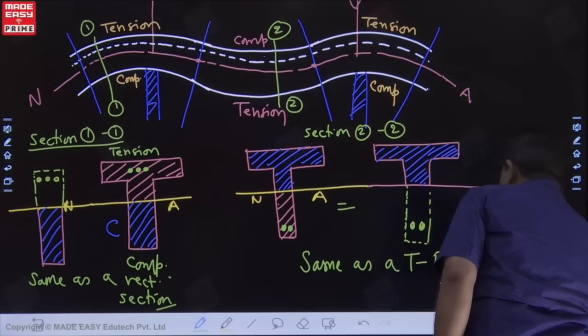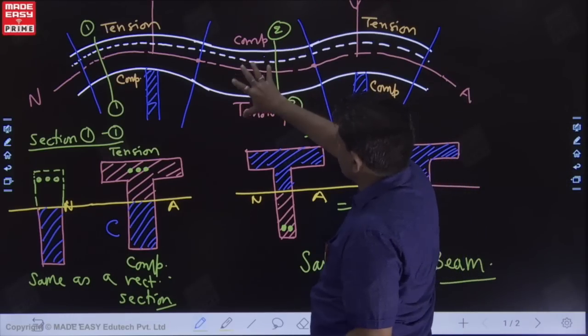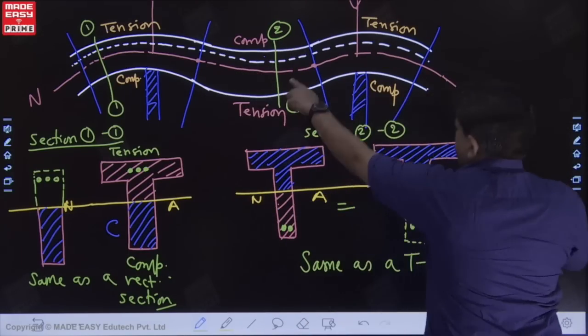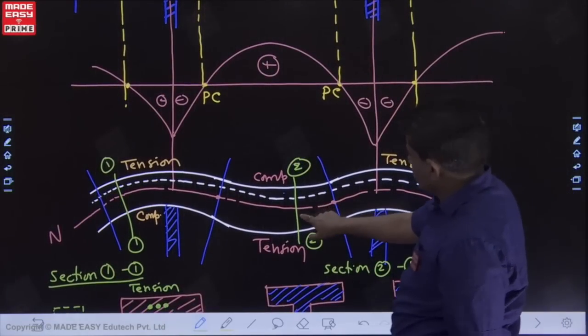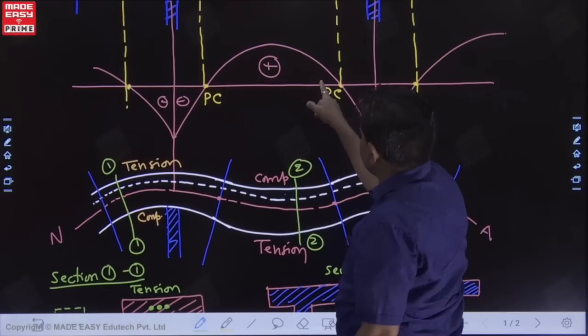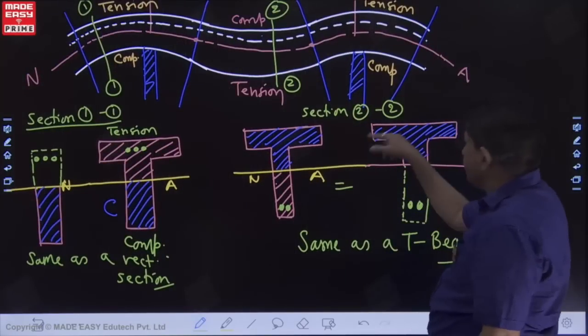So it is called a T-beam for positive bending moment. This is the area of positive bending moment. Here your beam will behave like a T-beam.